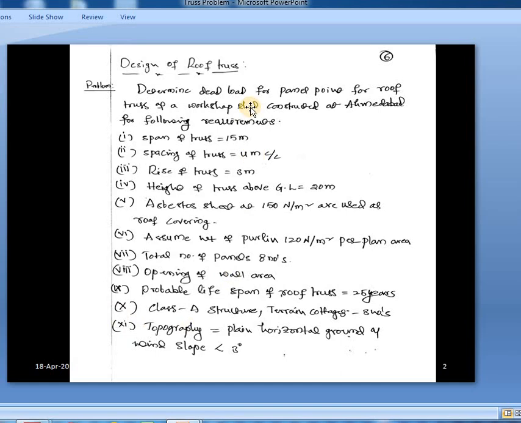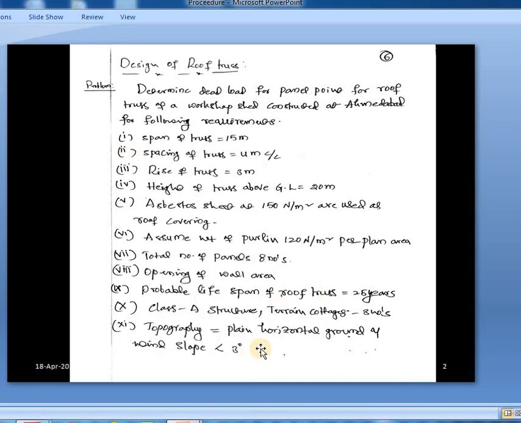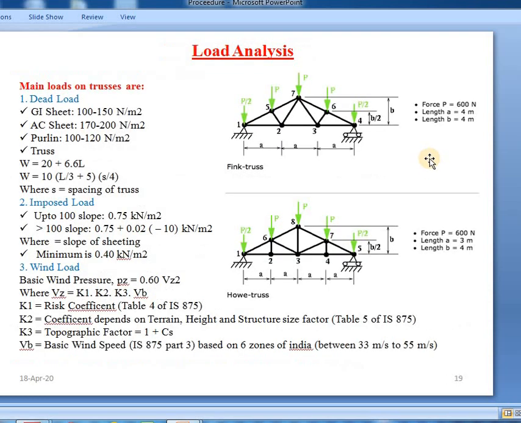Now after knowing all these details, this is the requirements, actually you can call it the requirements. Based on these details we can find what types of loads act on that particular member, that means on the truss. Just to see here, this is a load acting over here.